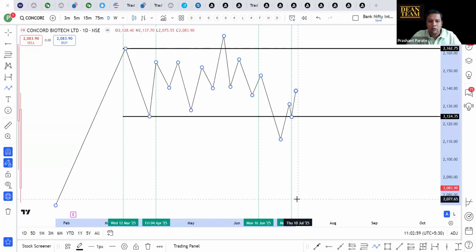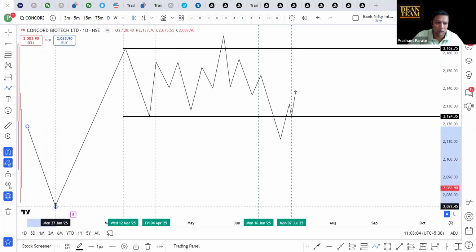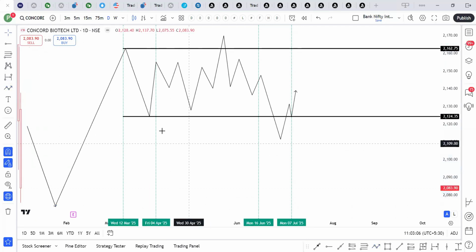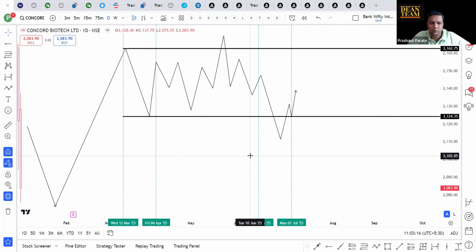What do you think? The last point was somewhere here. Is this a strong phase A, strong phase B, strong phase C, or weak phase A, weak phase B, weak phase C, or you are not able to understand what it is?